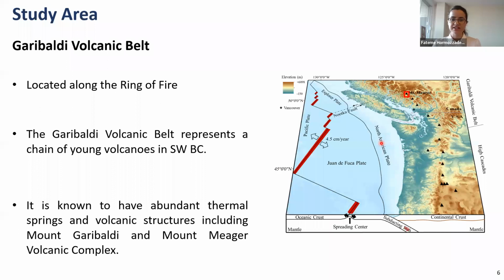It has several thermal springs and volcanic structures. The most recent eruption in the Garibaldi Volcanic Belt was at Mount Meager about 2,400 years ago, the area of which I'm going to talk about in the next slides.